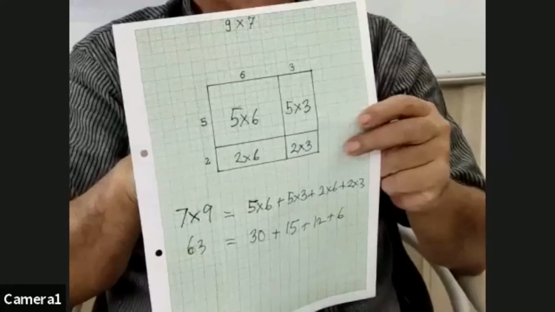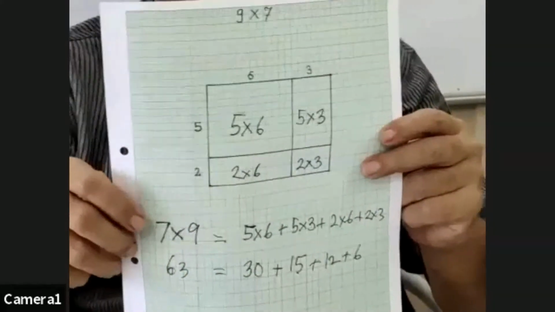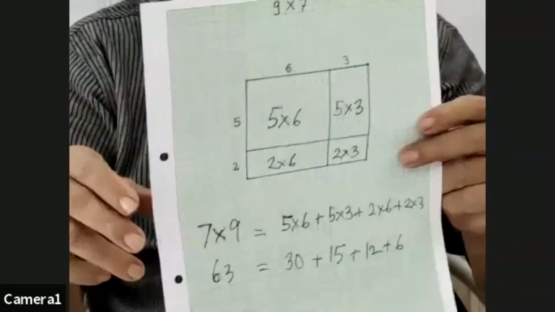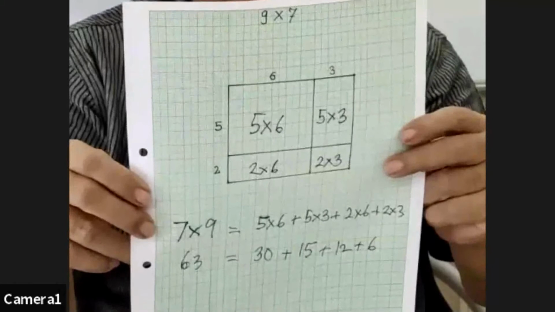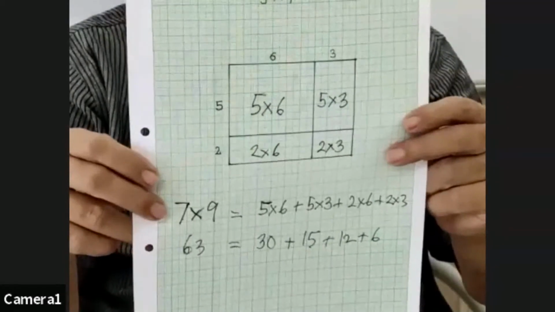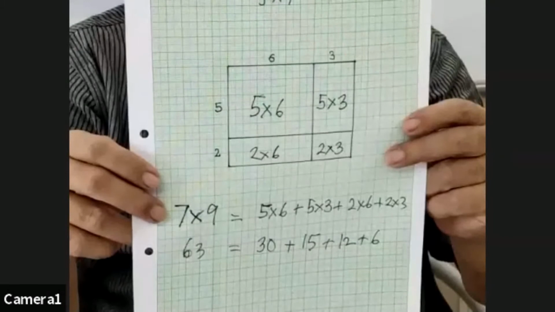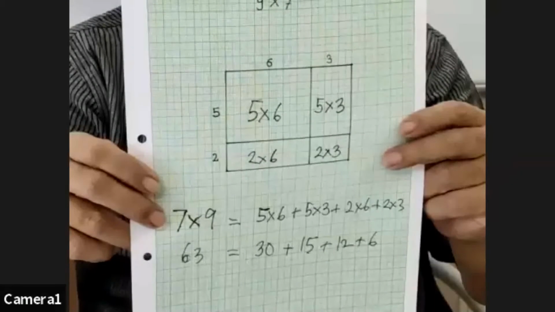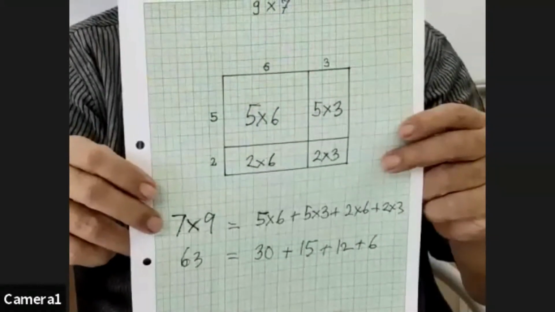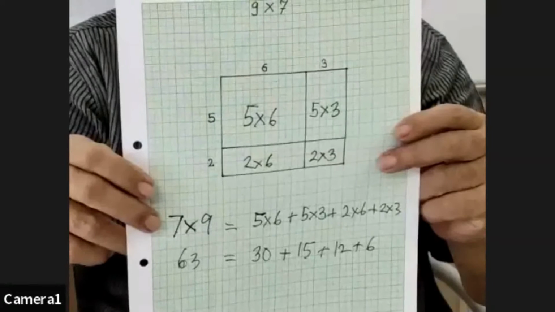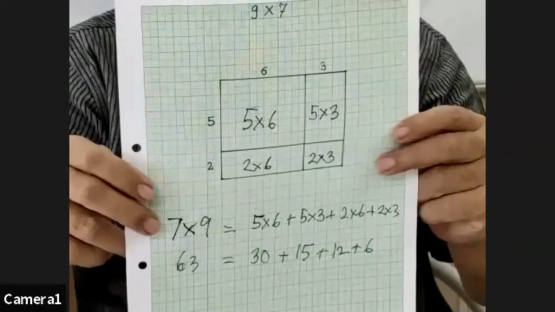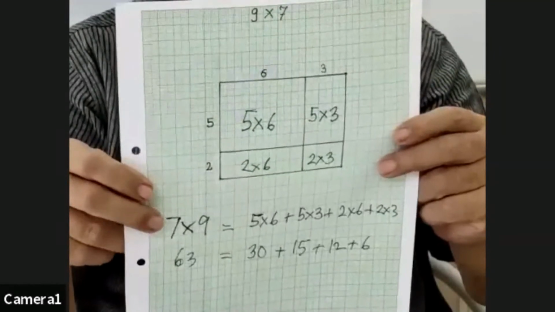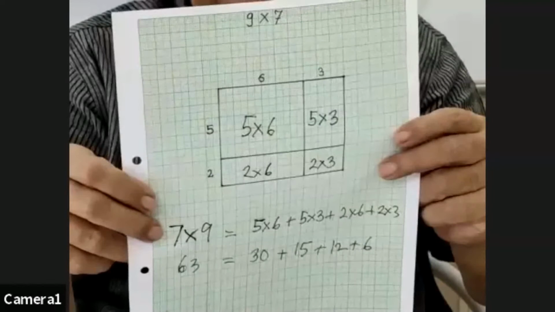So please take your calculator and do 5 into 6 plus 5 into 3 plus 2 into 6 plus 2 into 3, and what do you get?